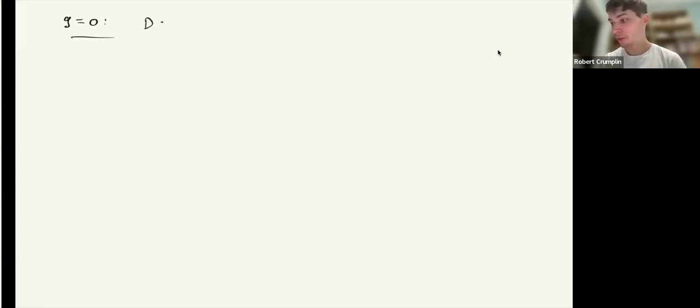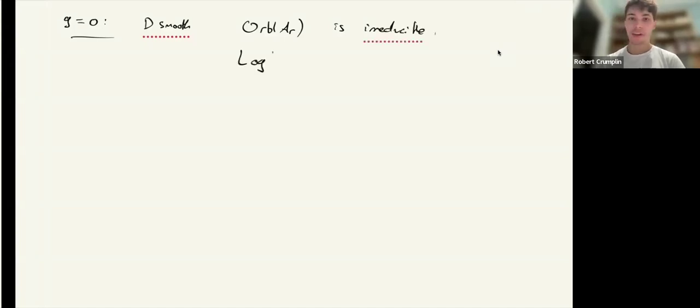If D is smooth, we said that Orb of X, D, R is irreducible. And then I said there was some other space which I didn't write down, another compactification or another universal space called Log of X, D, R, and that's also irreducible.